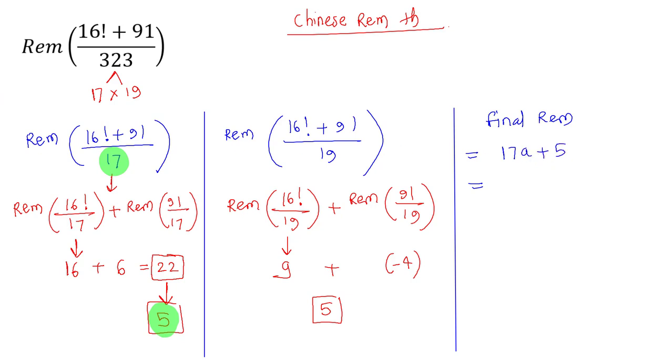The same number when divided by 19 should give 5 as a remainder, meaning the same number should be in the form of a multiple of 19 plus 5. If we keep a equal to 0 we get 5, and if we keep b equal to 0 we get 5. So 5 is the smallest number which satisfies both conditions, so our final remainder is going to be 5.